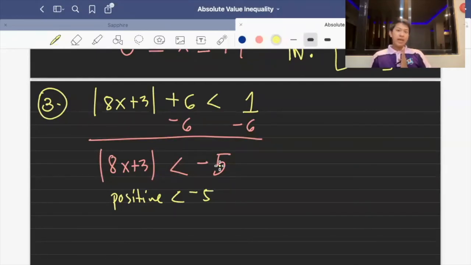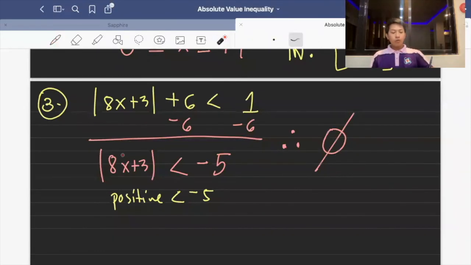A positive will never be less than a negative number. So in this case, class, we have a contradiction. It means this statement is never true. So we don't have to solve. We can conclude now that this is an empty set, or there is no solution.